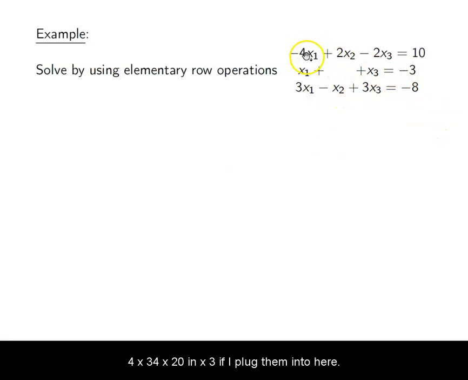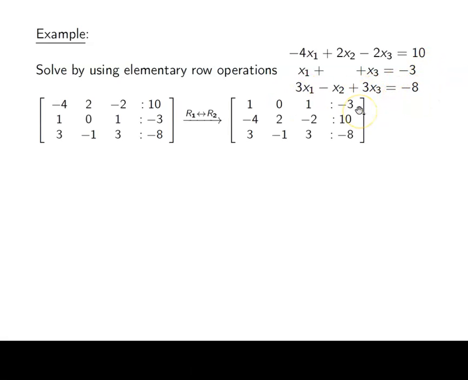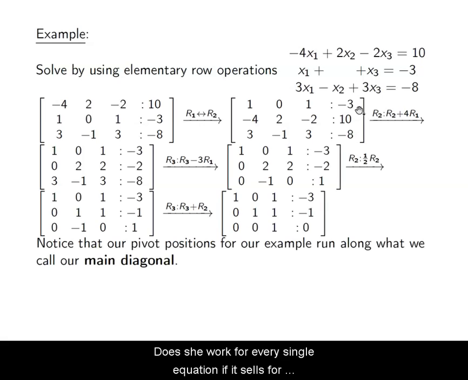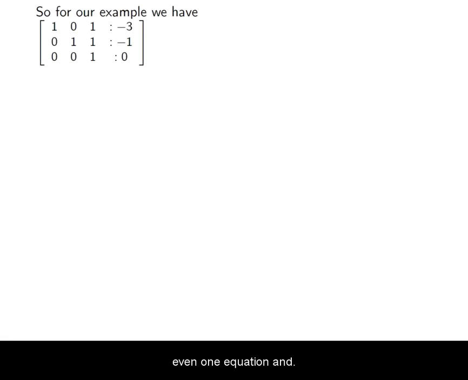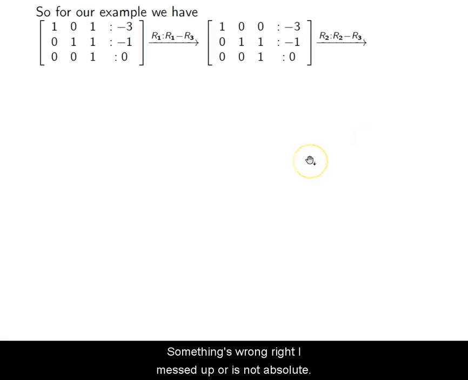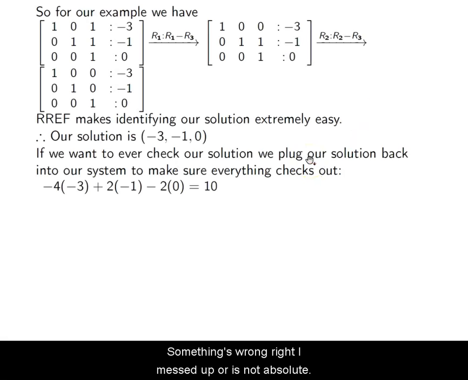So the value I got for x1, x2, and x3, if I plug them into here, I should get out 10. If I plug those into here, I should get -3. If I plug those into here, I should get -8. Okay, so it should work for every single equation. If it fails for even one equation, then something's wrong, right? I messed up, or it's not a solution, right?